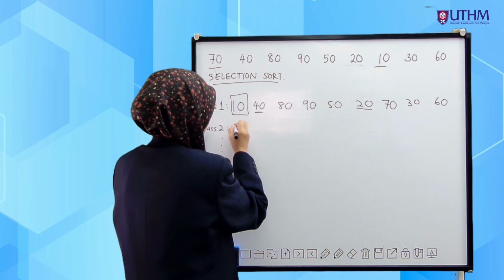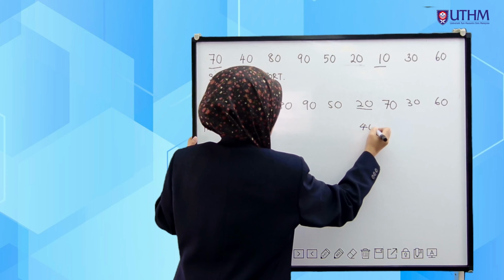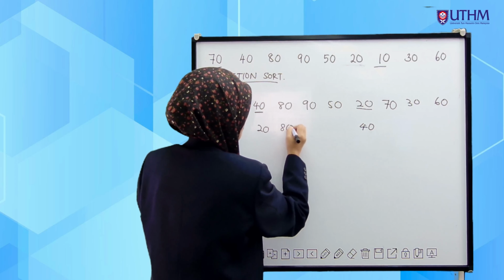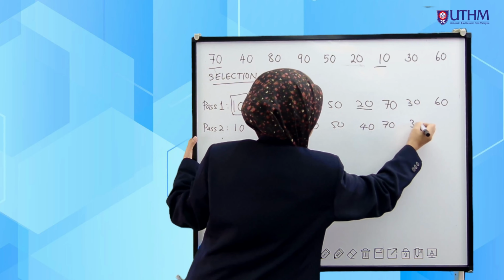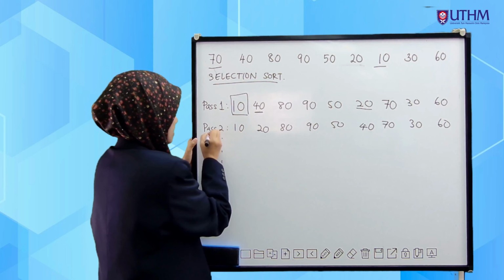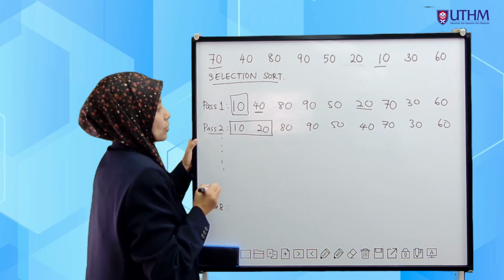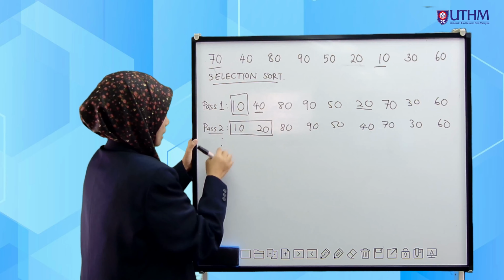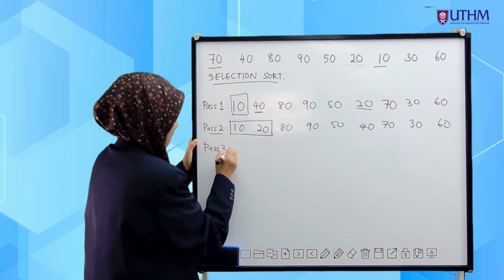So now you have 10, 20, and 40 is supposed to be here. The rest of the values you can just copy accordingly. After the second pass, 2 values are already in sorted order. Next we are going to have pass 3.